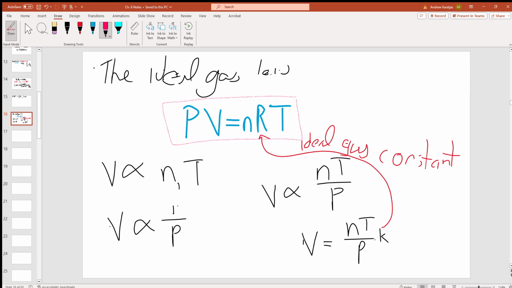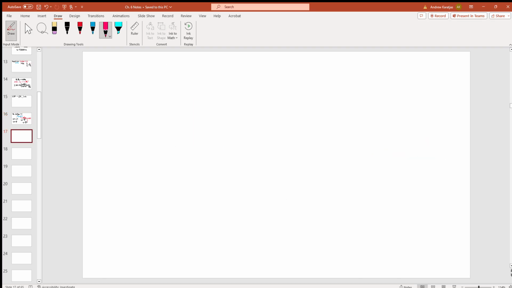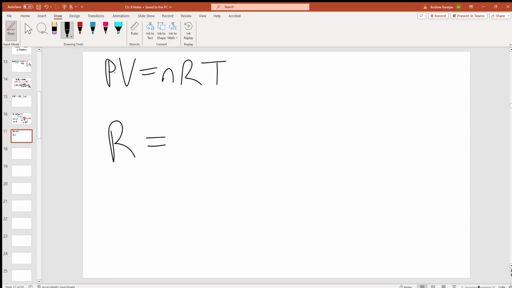So what's the value of R? Well, if we take our ideal gas law and rearrange it, we solve for R. R is equal to PV over nT.